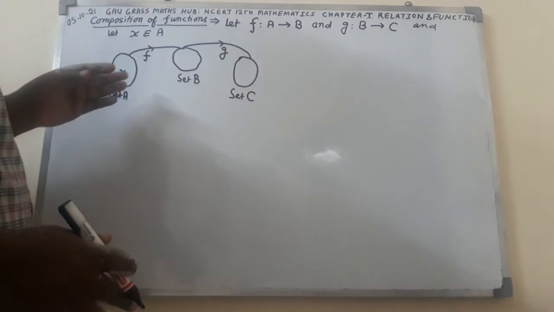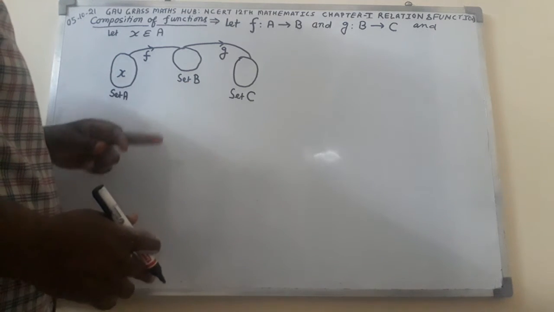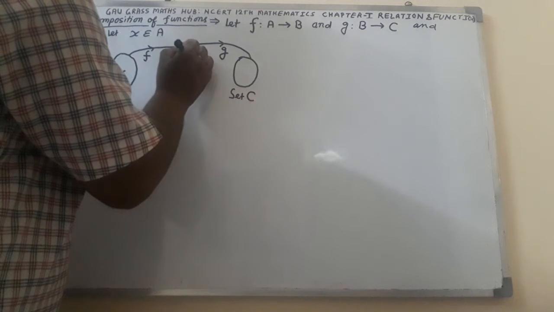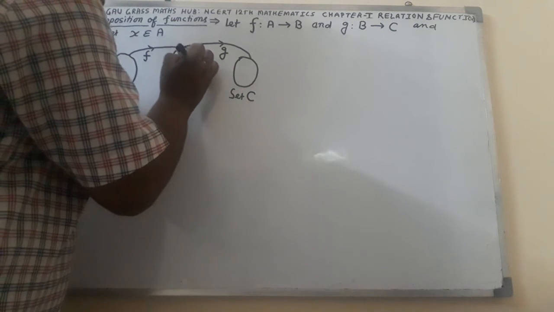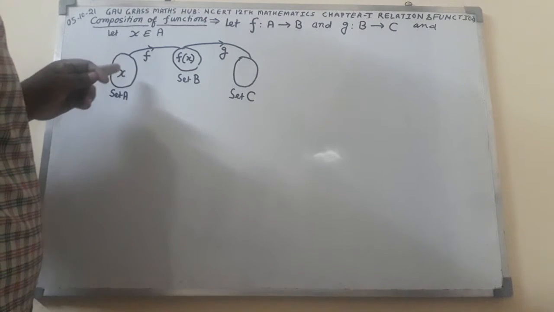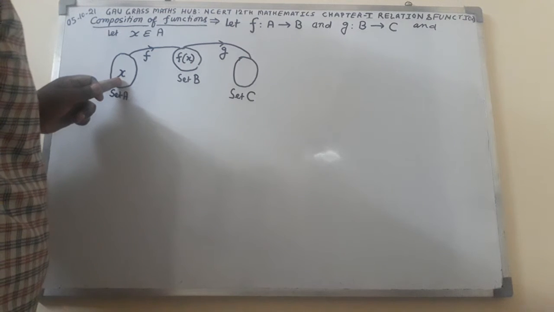Then what will be the element of set B? Set B will consist of the element f of x. f of x means the image of x.